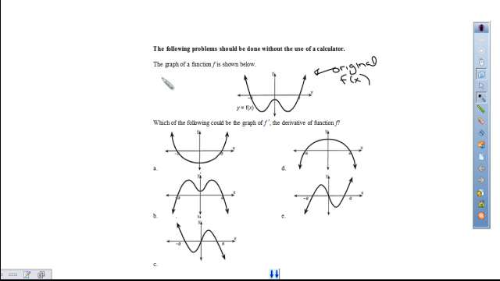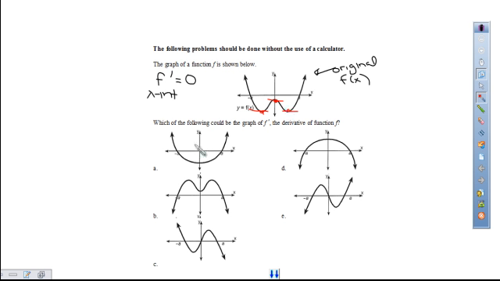So remember, when the derivative is equal to 0, so the x-intercepts of the derivative, that means it is the maximum or minimum of the original function. So notice that I have 2 minimums and 1 maximum. So those are zeros.